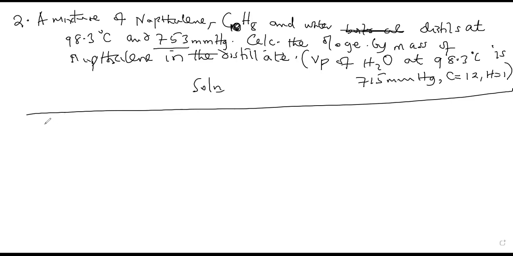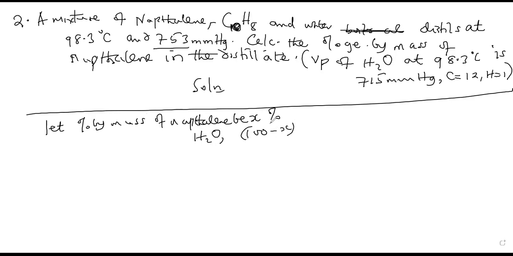So allow me to say let the percentage by mass of naphthalene be say X%, meaning that the one of water is going to be 100 minus X%. Then, since we know the compounds, we can look for the molar masses.